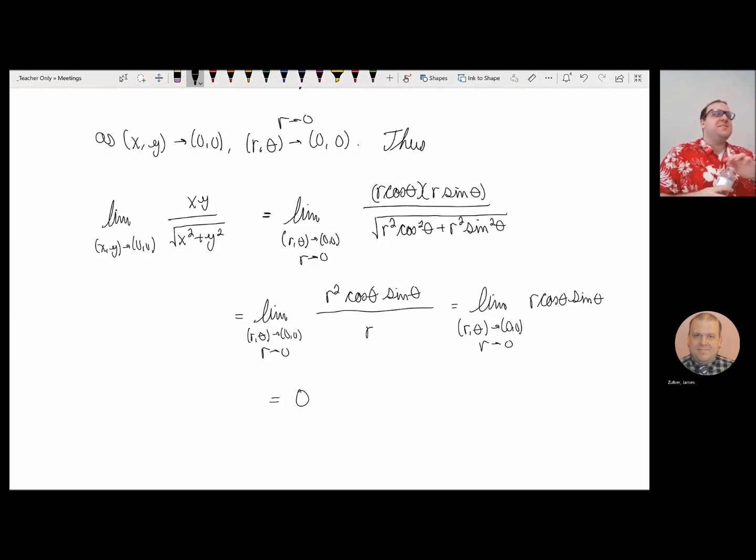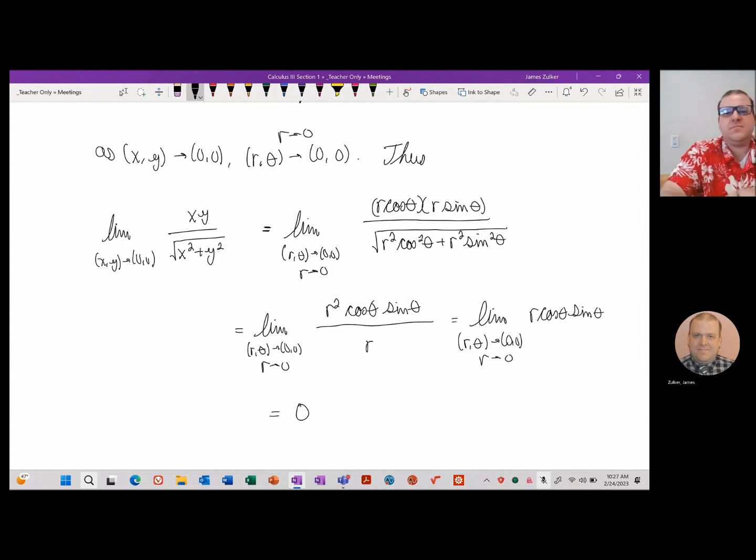Like I said, it's not as easy in multivariable as it is in single variable. And by the way, this would have been a case where if we converted to polar and got it strictly as r, then L'Hopital's rule would now apply because it'd be a single variable limit.